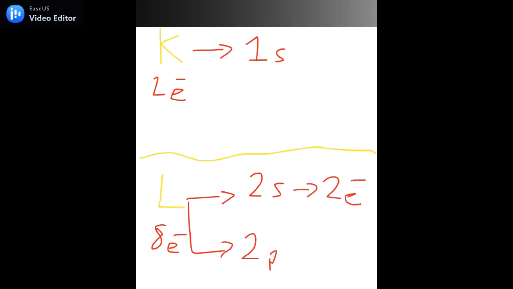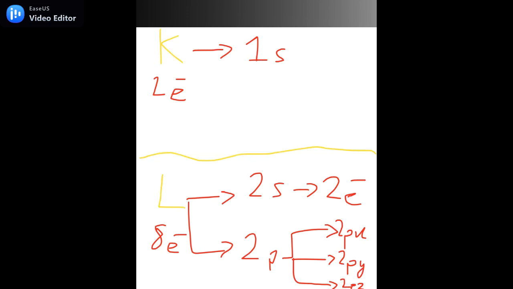Because each orbital contains 2 electrons, the 2p subshell will have 3 orbitals. These 3 orbitals have their symbols, which are 2px, 2py, and 2pz.